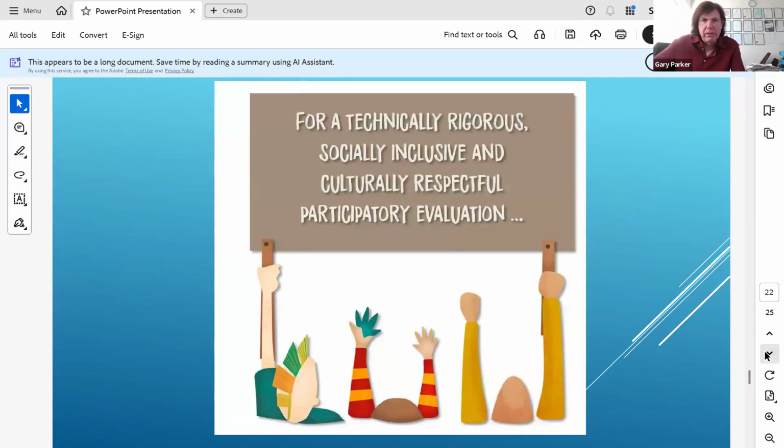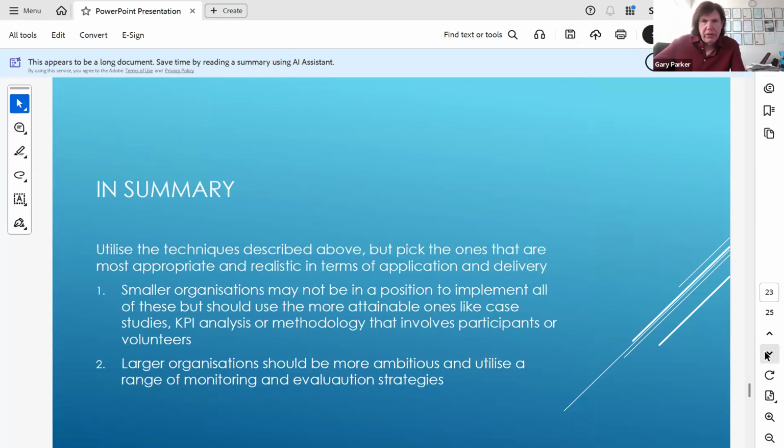Right. There you go: a technically rigorous, socially inclusive, and culturally respectful participatory evaluation. Sorry, that's a bit of a mouthful, but it does incorporate everything that I've just said. So, in summary, you should utilize the techniques described above, but pick the ones that are most appropriate and realistic in terms of application.